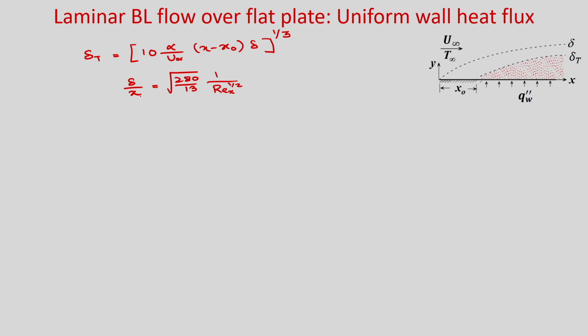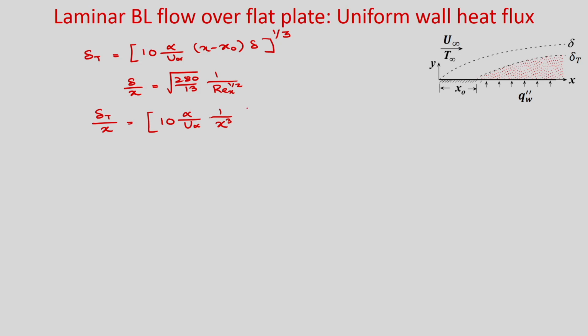So, now you can write from this expression delta T by x, okay, delta T by x. So, we are dividing by x. So, if you divide the right hand side by x and if you take it inside this power, so you will get x cube, right. So, you can write 10 alpha by u infinity will get 1 by x cube, because we have divided by x and we are taking inside the bracket, okay.